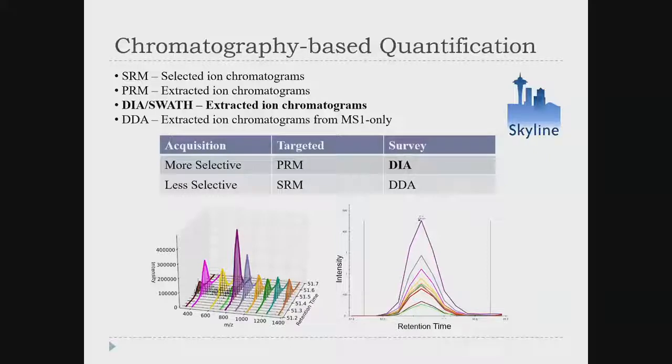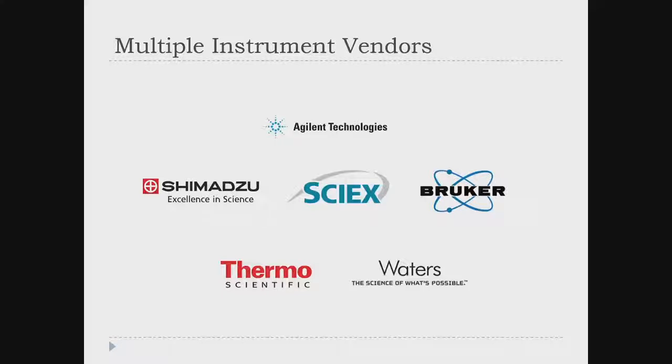One of the big differences is that in DDA you can only query the MS1 spectra for the quantities. There's no systematic sampling of the MS2 space that you can use in DDA data. But lots of tools just extract the MS1 space, and Skyline is one of them.